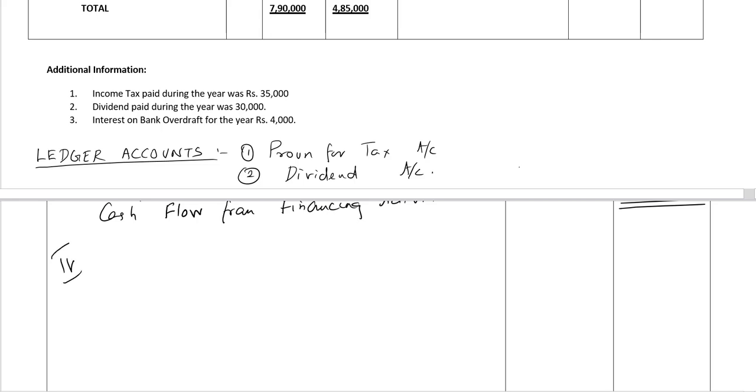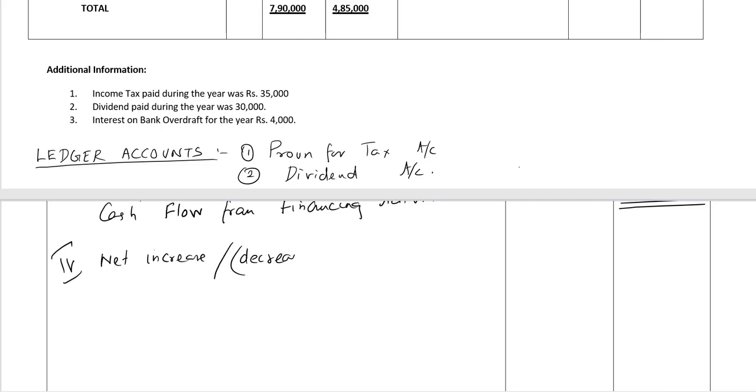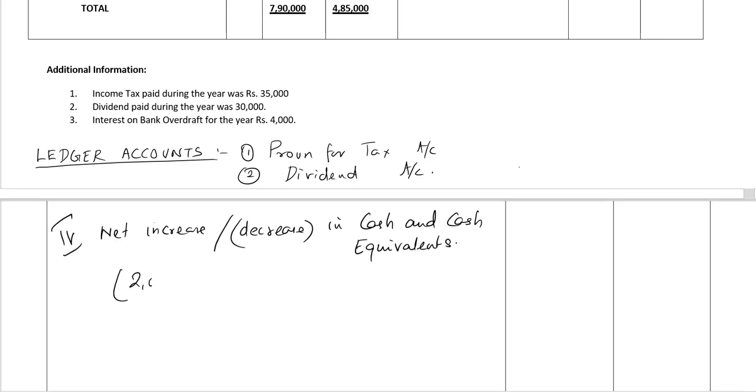Let's move on to the fourth item, net increase/decrease in cash and cash equivalents. Operating activities is plus 2,09,000 rupees.